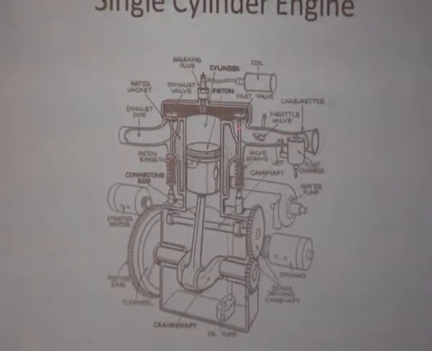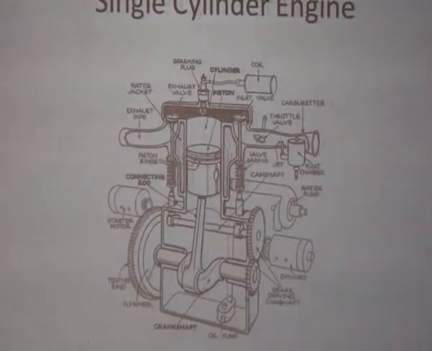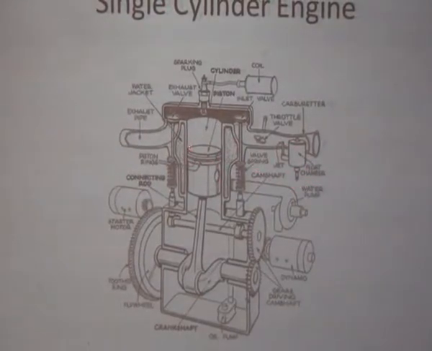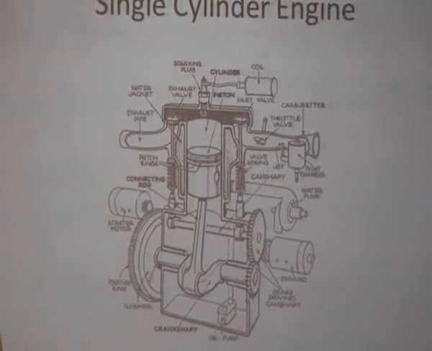When the combustion is taking place, the inlet valve and outlet valve are both closed. The only moving component is the piston. The piston is pushed down fast, moving downwards. This is called the connecting rod. It is the connection between the piston and the crankshaft. You can see the crankshaft and how it is designed.